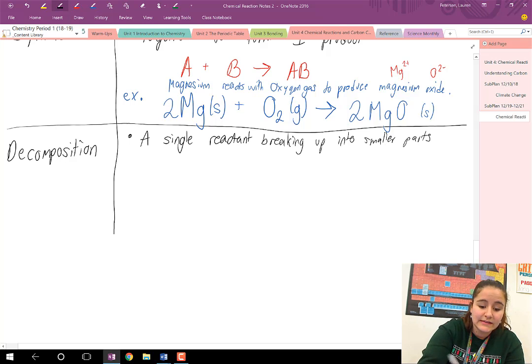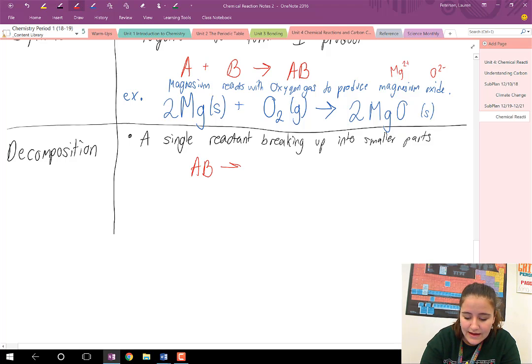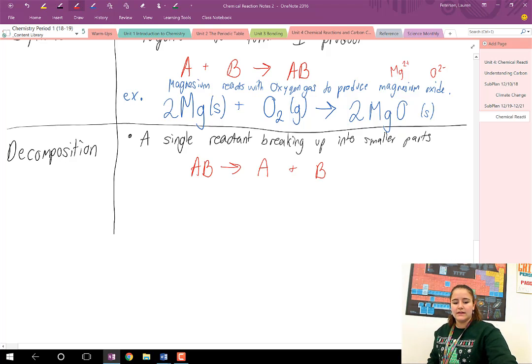So basically it's the opposite of a synthesis, where you have something together and then it separates.